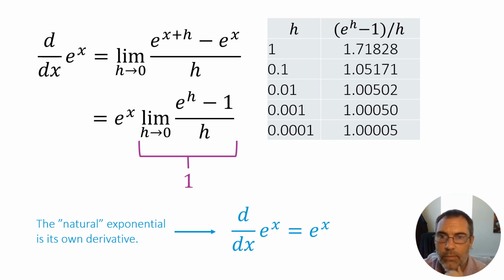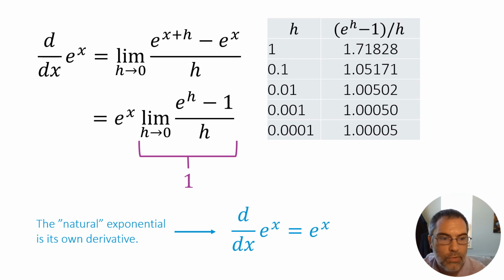It starts out at 1.718. Then we go to 1.05. Now we're at 1.005, 1.0005, 1.00005. And what we see is that this is getting closer and closer to 1. If you did this more and more, you would see numbers that are increasingly closer to 1. The limit of this expression is 1.